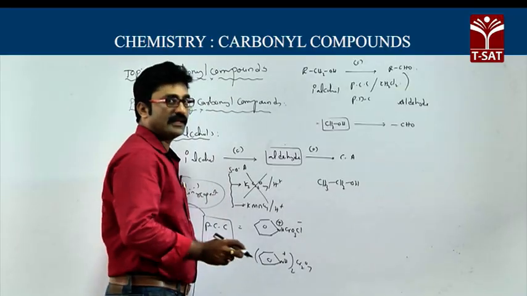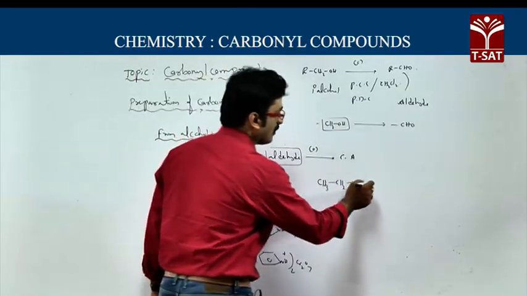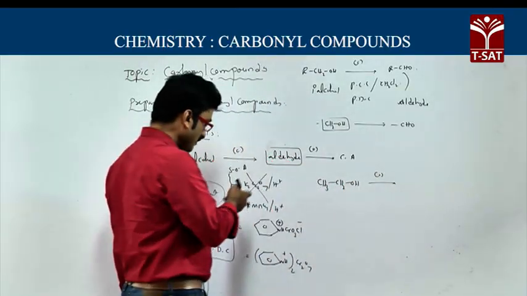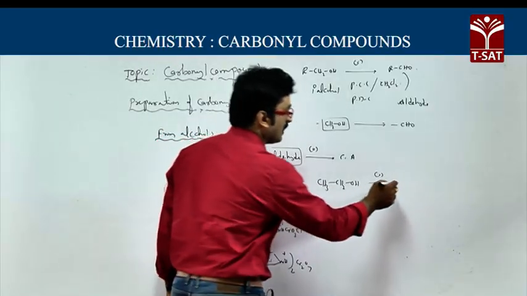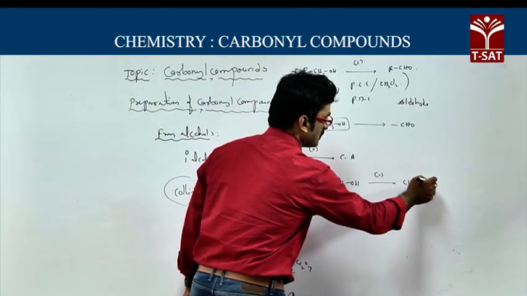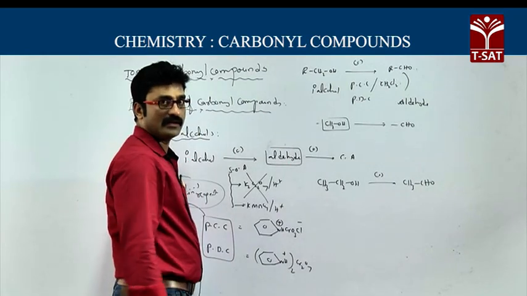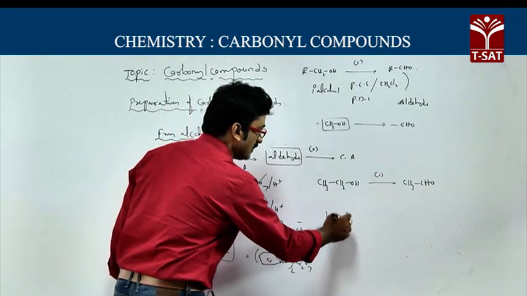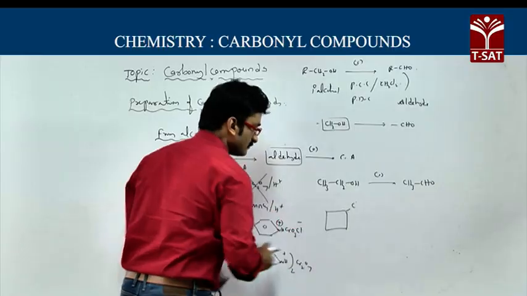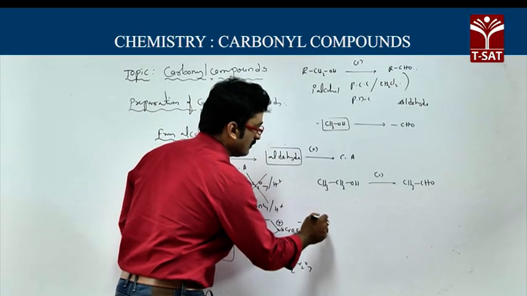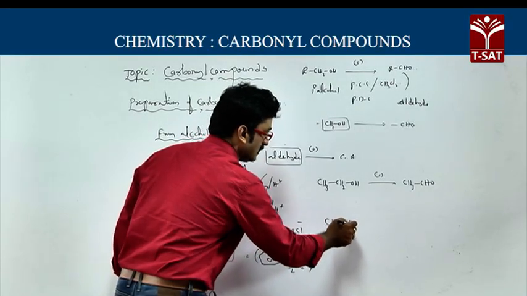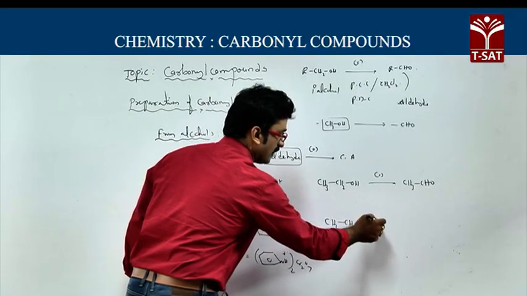We will take one example, CH3CH2OH. This is called ethyl alcohol. Ethyl alcohol on oxidation in the presence of PCC, PDC, here you will get CH3CHO, acetaldehyde. Or say I have taken CH3CH2CH2OH.